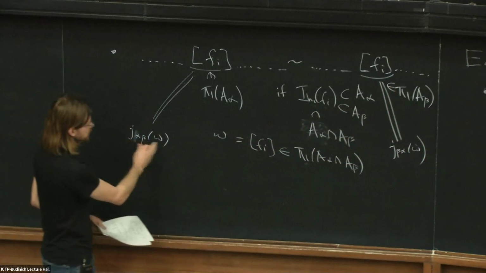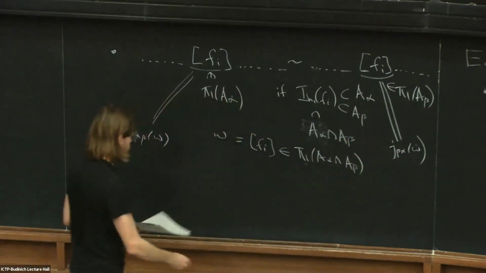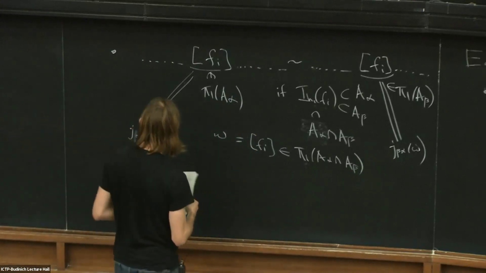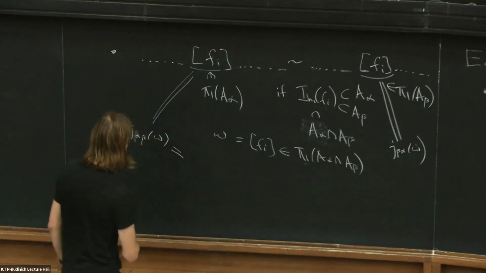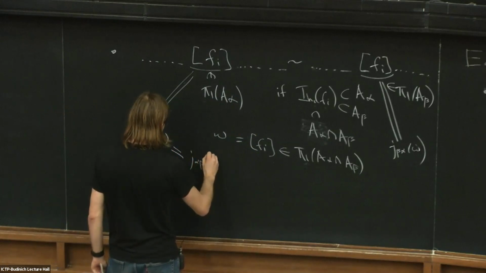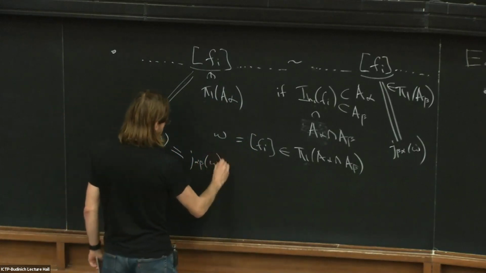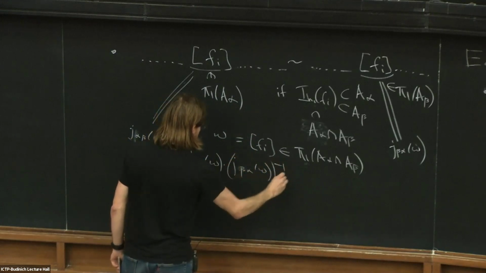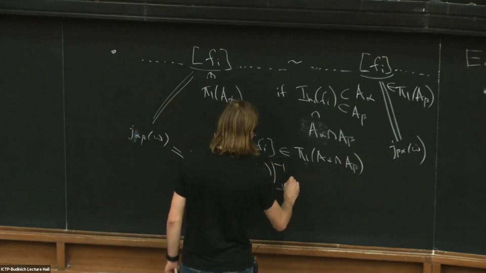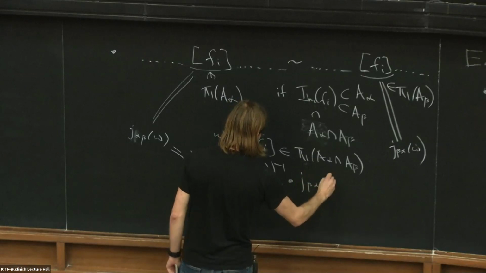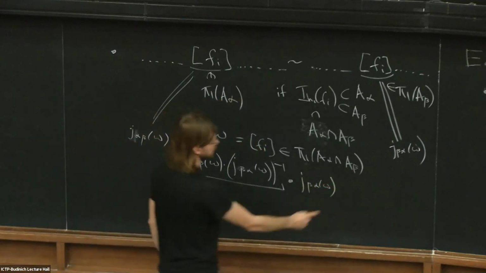Just by definition of this forwards of inclusion, right? And we can also write this J alpha beta of omega just tautologically as G alpha beta of omega times J beta alpha of omega inverse, this whole thing times J beta alpha of omega, which is the same thing as we have here.